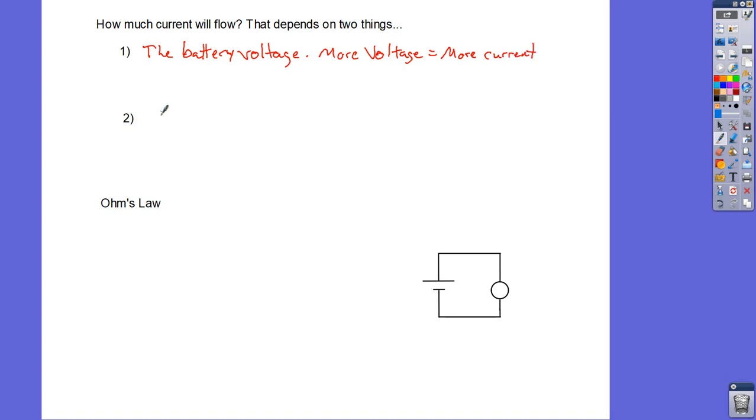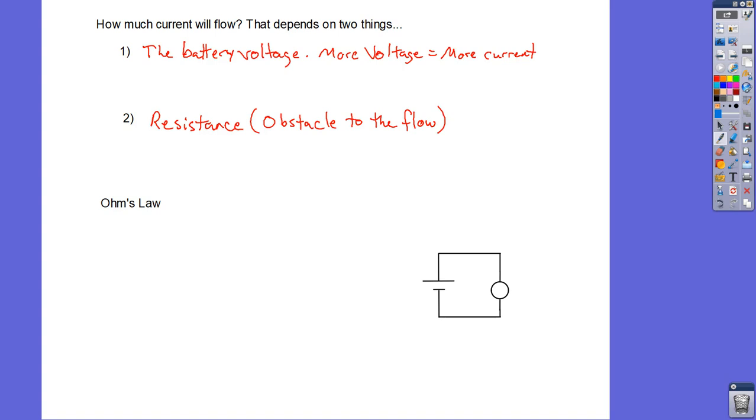And the other thing that it depends on is what's in there, the resistance of the circuit. And resistance is, remember, an obstacle to the flow, or an obstacle to the current.